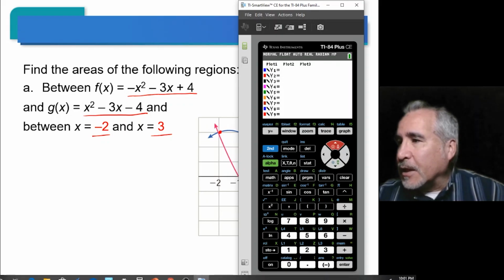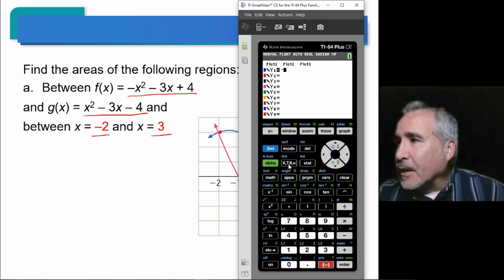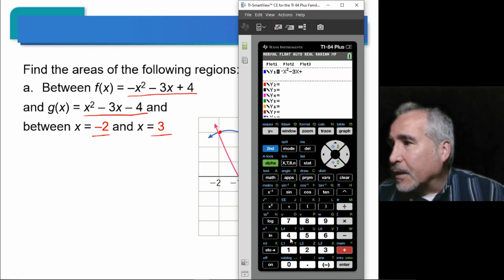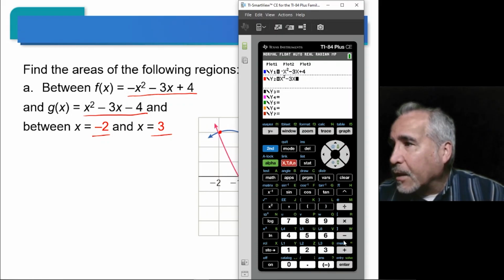So we need to put in -x² + 3x + 4. Make sure we get it in there correctly. And then the second one is x² - 3x - 4. At this time it doesn't matter which one you put first or second.